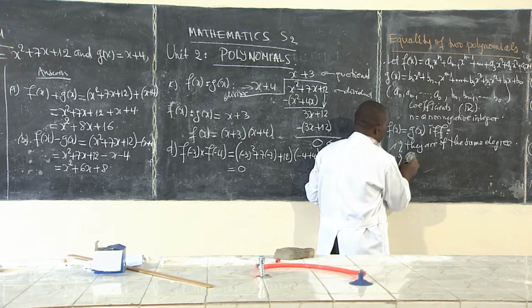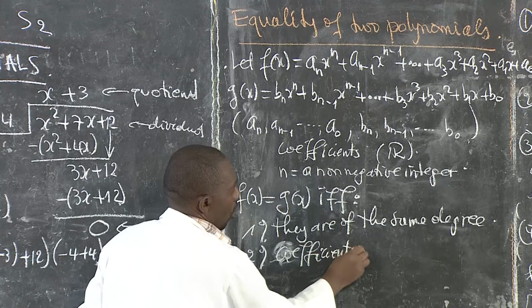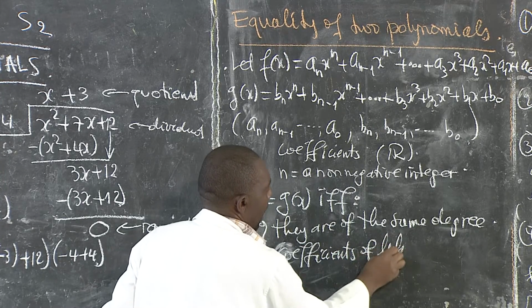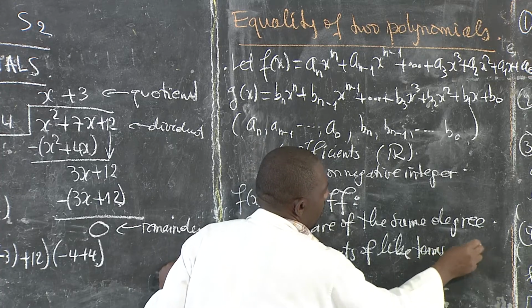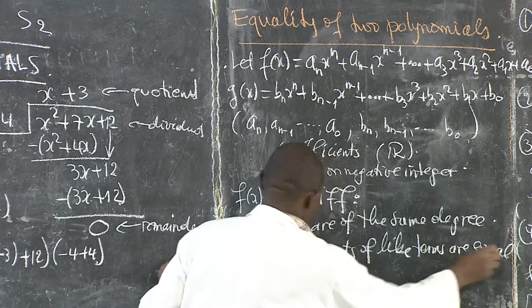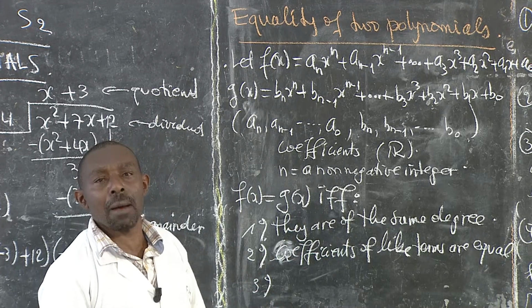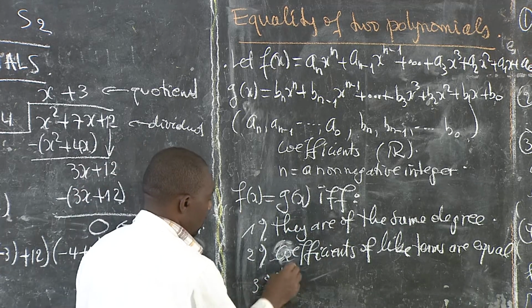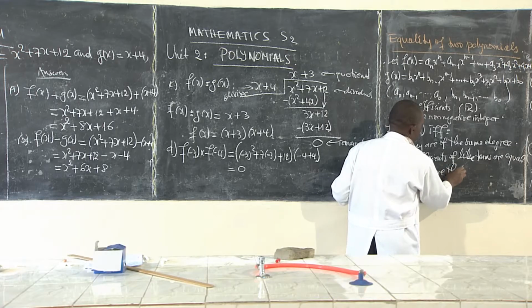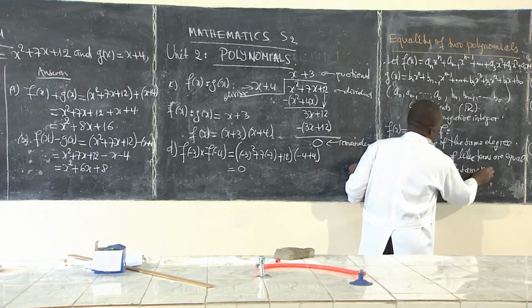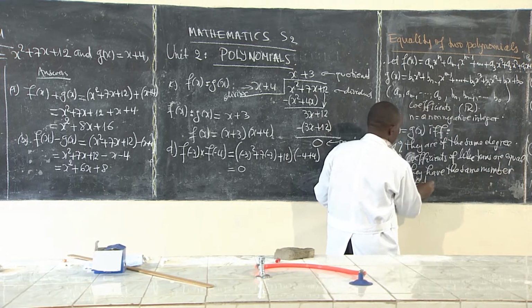The coefficients of like terms are equal. And three, they have the same number of terms.